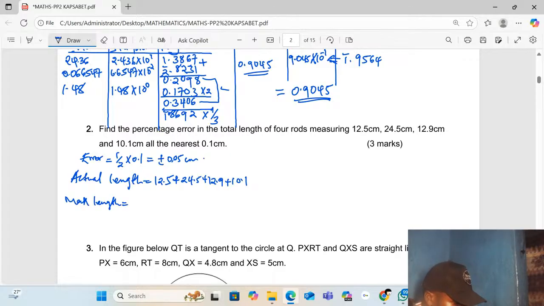Now the maximum length becomes, you take 12.5, it will be 12.55. We simply add 0.05 to the original. So it's 12.55 plus 24.55, then plus 12.95, then plus 10.15.